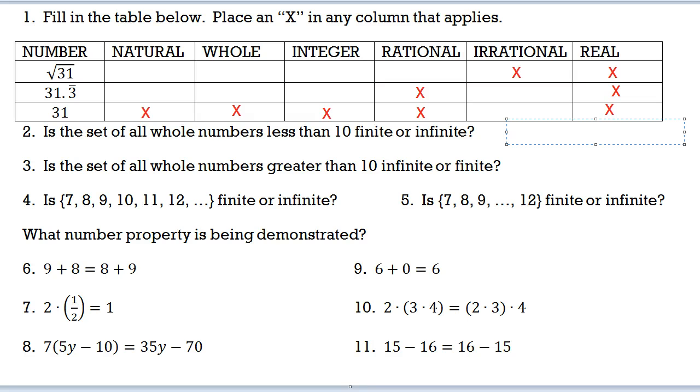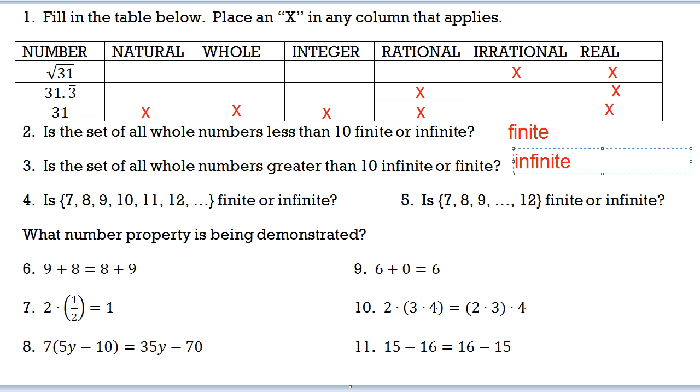I stopped. So it's finite. All right, what about greater than 10? That means 11, 12, 13, 14, 15, 16, 17, 18, 19, 20, 21, 22, 23. I'm getting sick of it already. Yeah, it's definitely infinite.